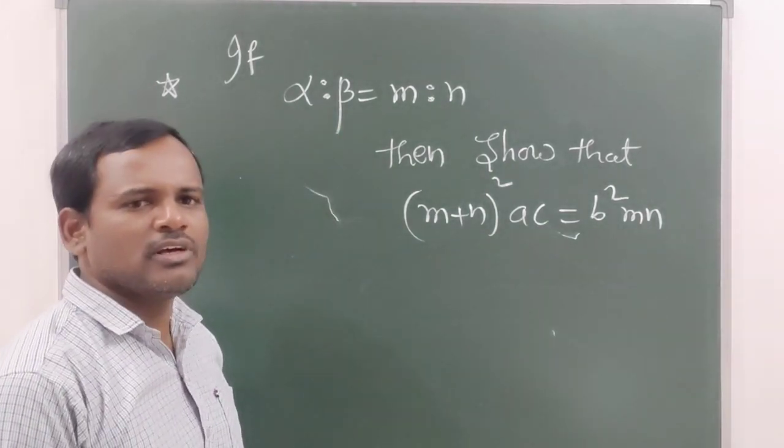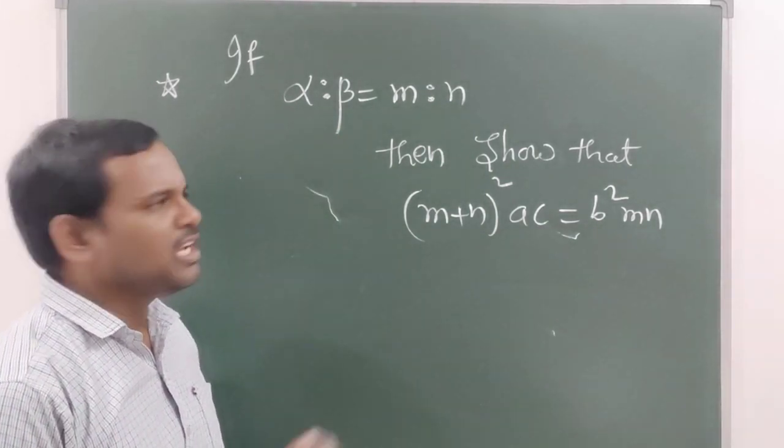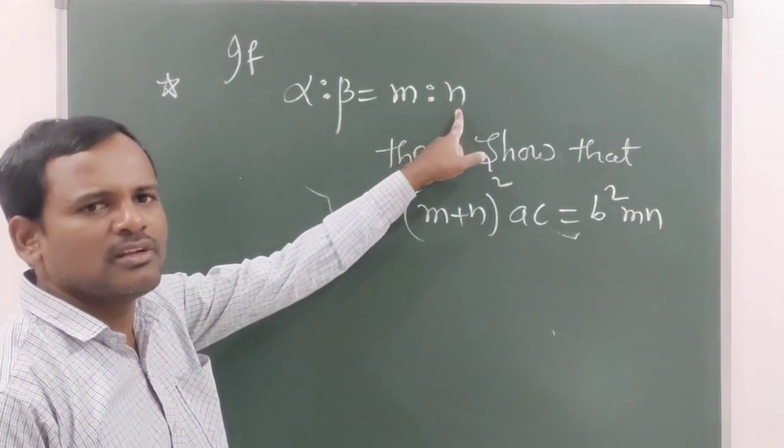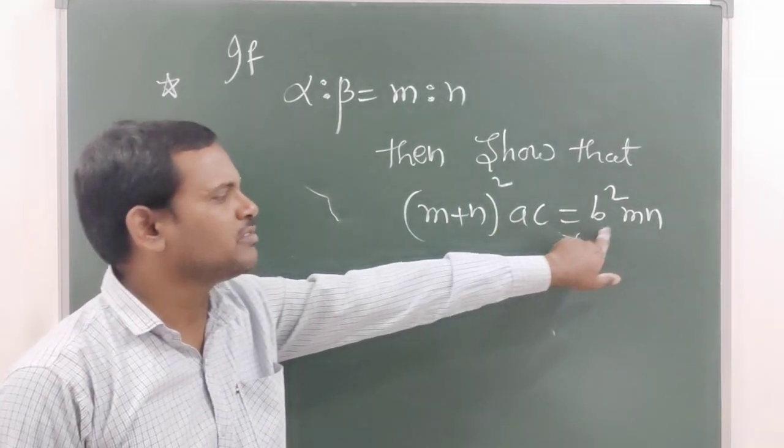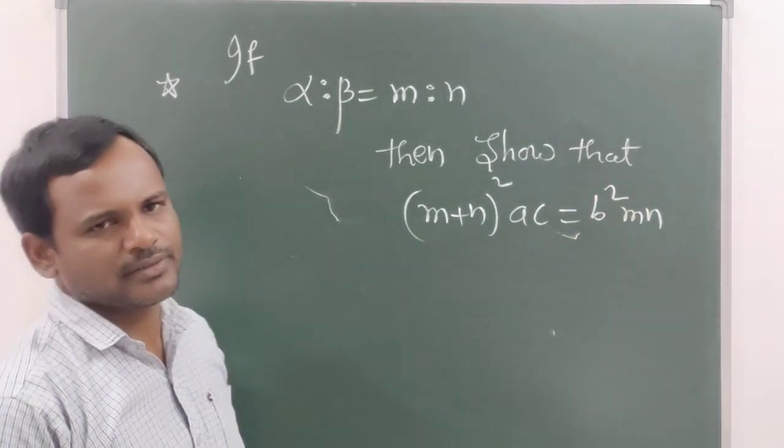If the ratio of the roots of the quadratic equation is m is to n, then show that m plus n whole square into AC is equal to b square into mn we will get.